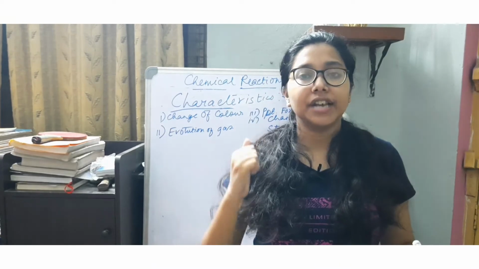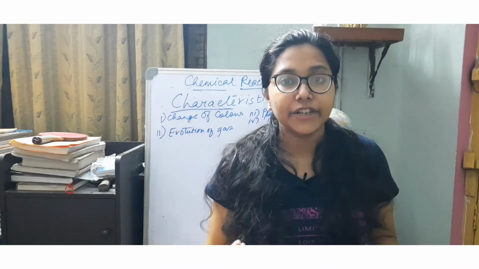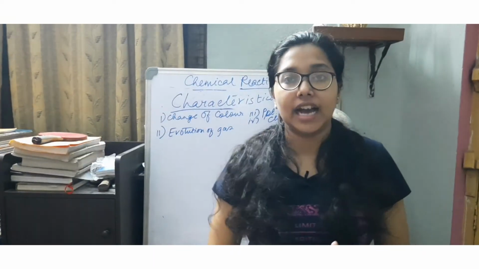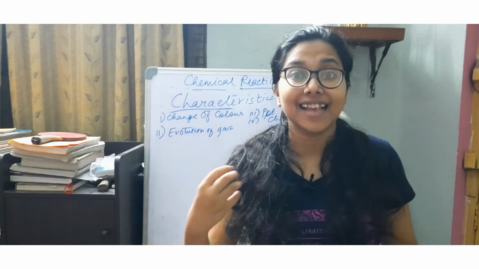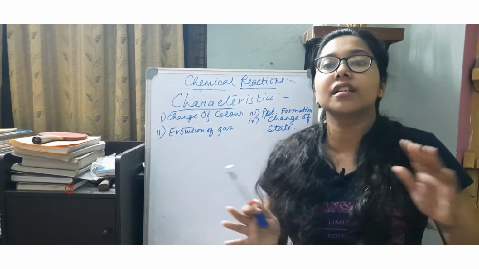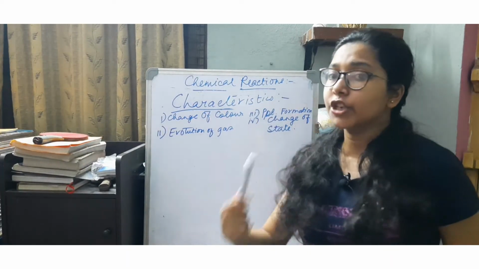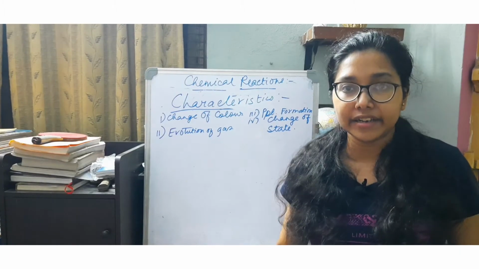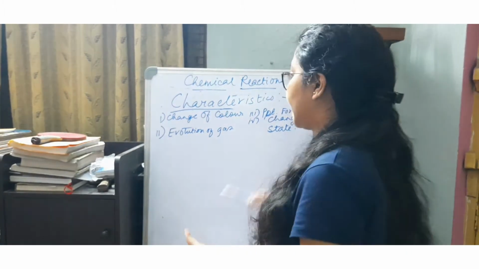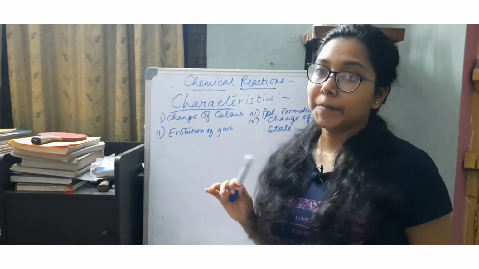When a chemical reaction is taking place, there should be certain kinds of observations from where you can conclude that a chemical reaction has taken place. So for concluding that, there are particularly four major observations, major characteristics of a chemical reaction taking place. The first characteristic is the change of color.